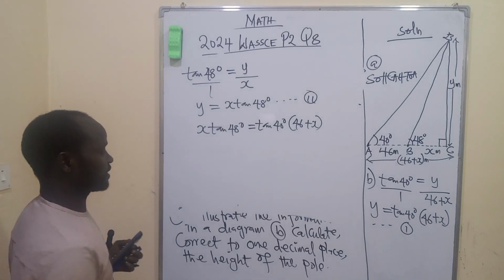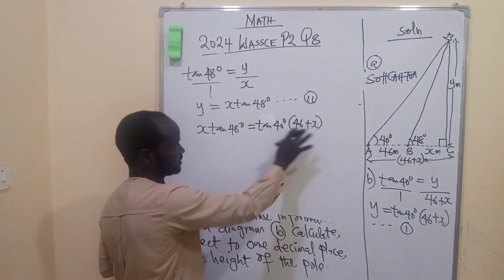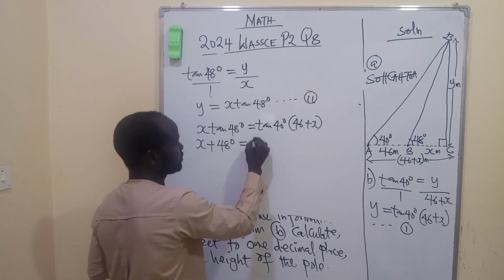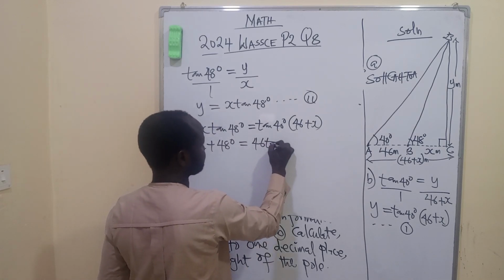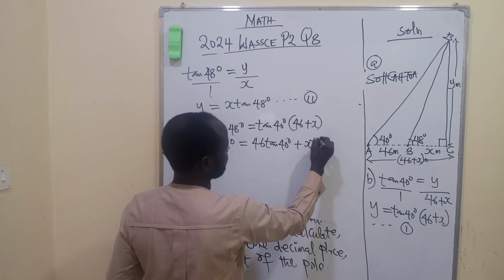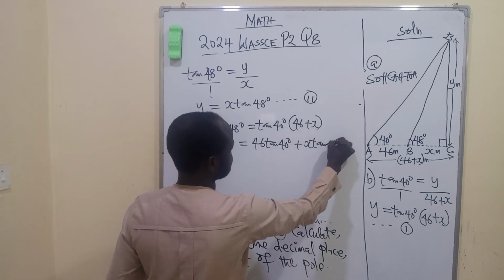So we can easily find x here, but before we do that, let's clear the bracket here. x tan 48 degrees will be equal to 46 tan 40 degrees plus x tan 40 degrees.